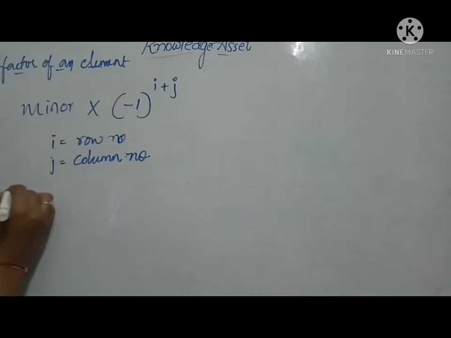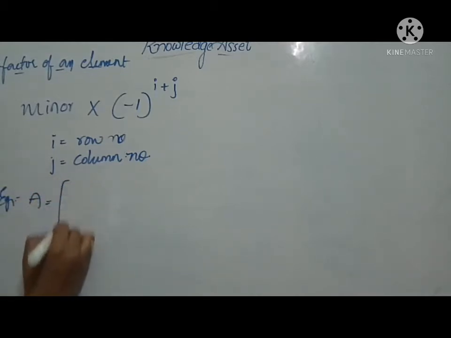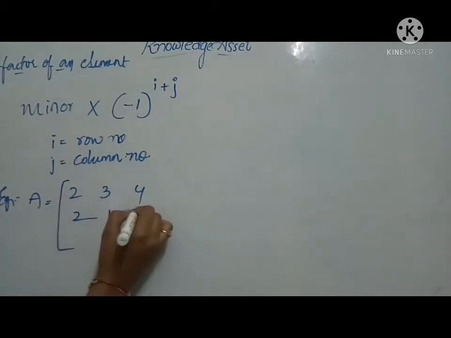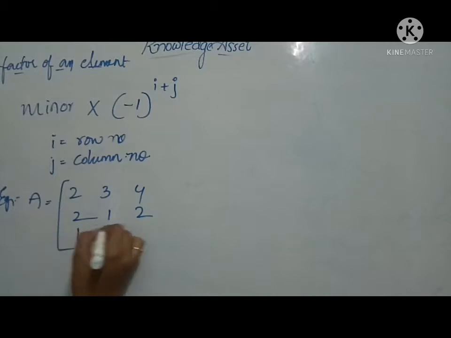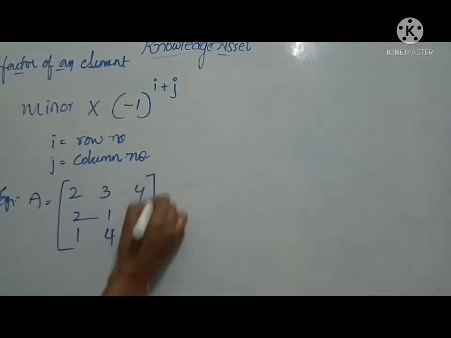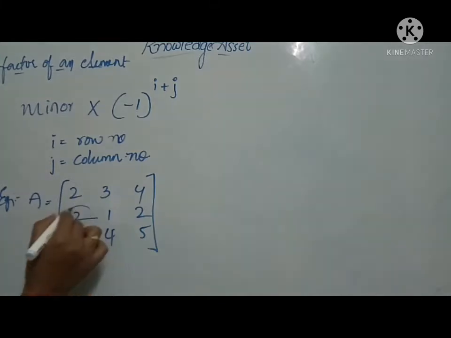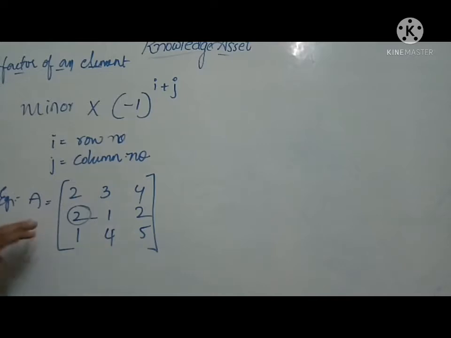Suppose, for example, take A as a matrix consisting of 2, 3, 4, 2, 1, 2 and 1, 4, 5. What is the cofactor of the element 2? To find the cofactor of the element, we simply have to find the minor of the element.